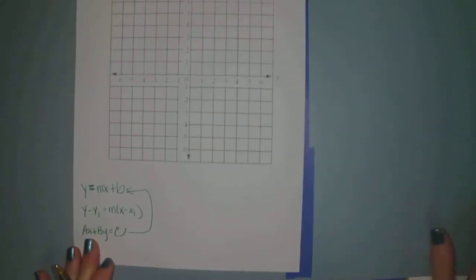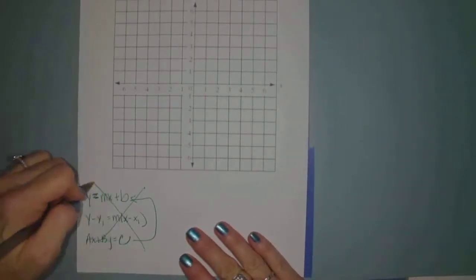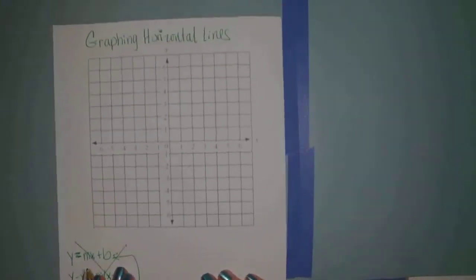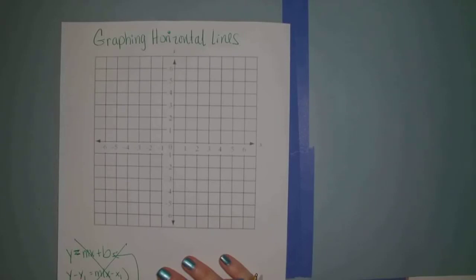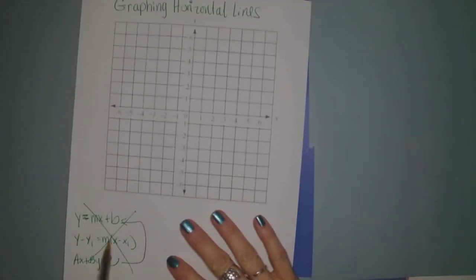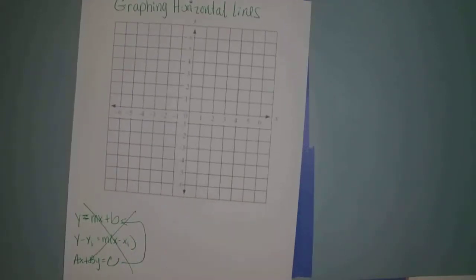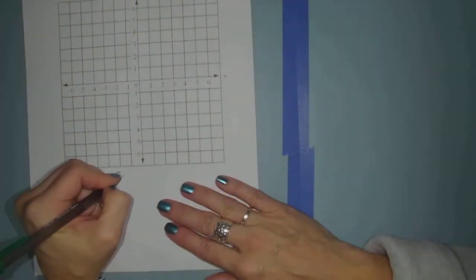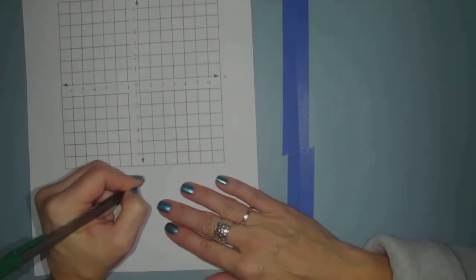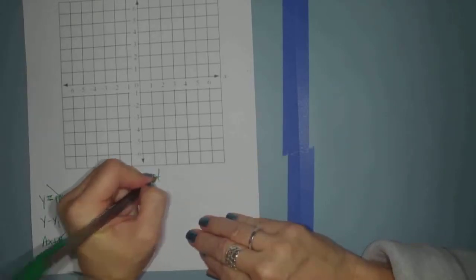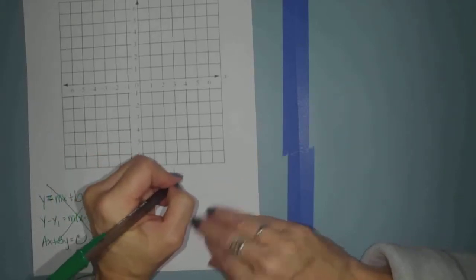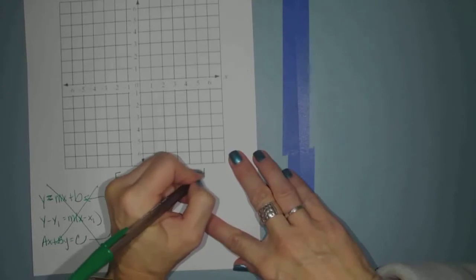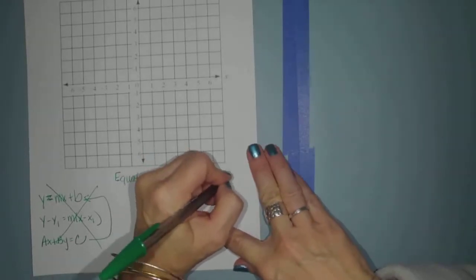Well, guess what? Today, all that goes bye-bye. When we graph horizontal lines, it's not going to look like any of these. So here's what you have to understand. The equation of a horizontal line is special.